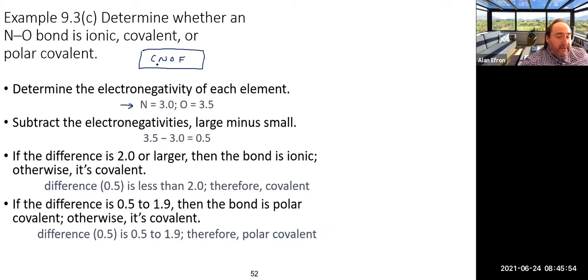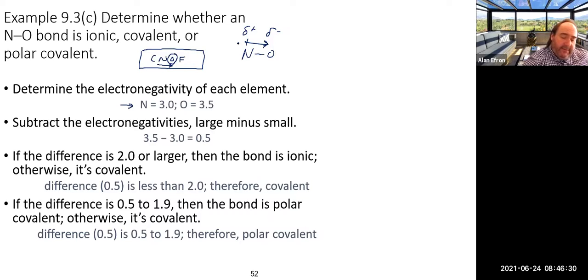And we could very easily see that oxygen is further to the right, which makes it a very safe bet that oxygen is more electronegative, and the resulting bond between nitrogen and oxygen, even without the numbers, could probably safely be determined to be a polar bond, with oxygen more electronegative. So we would draw the arrow heading towards the oxygen, meaning that the oxygen would be partially negative, nitrogen being more positive in this particular case.